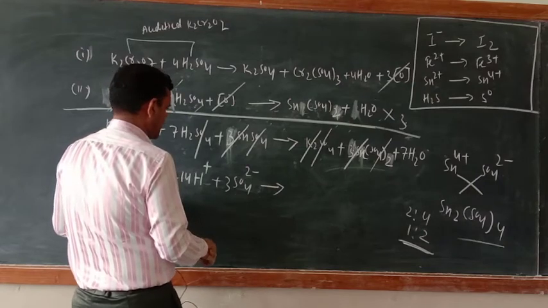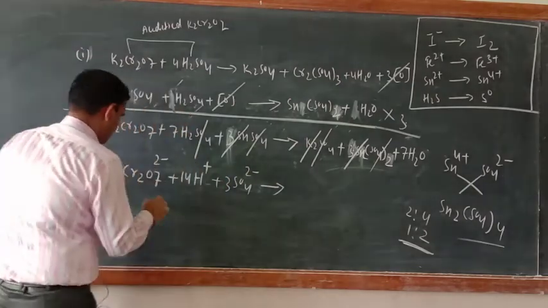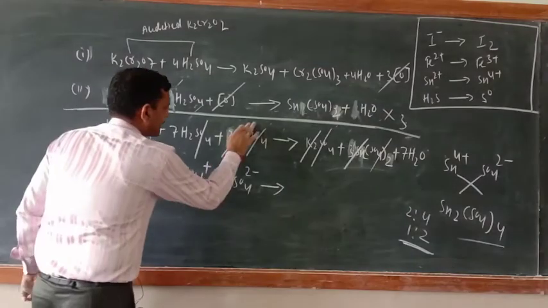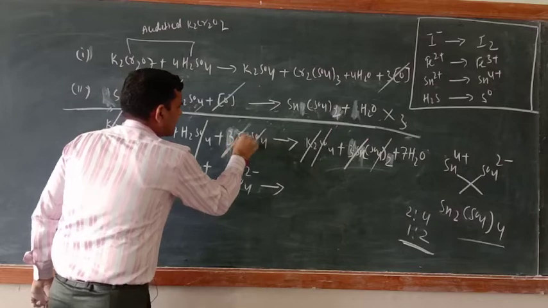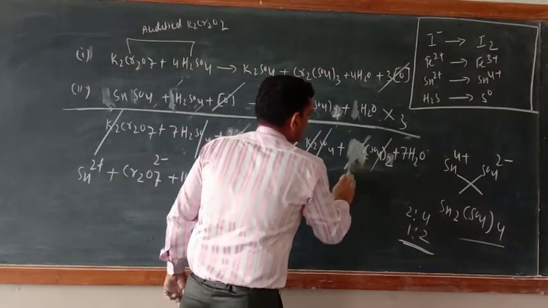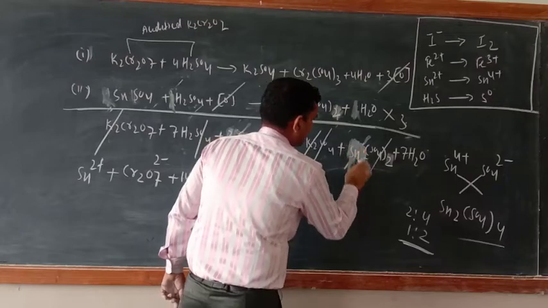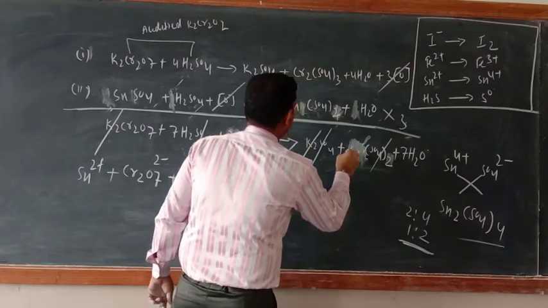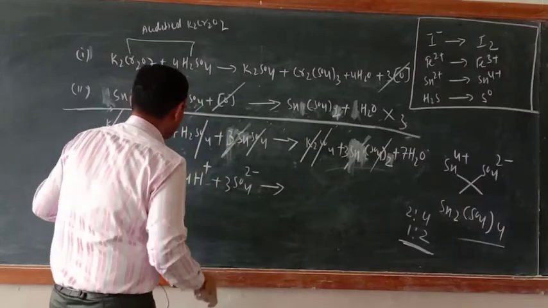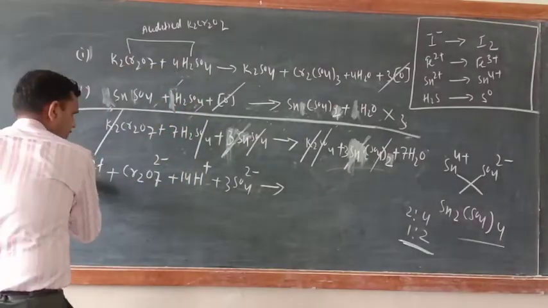will not cancel. Here you have to write Sn2 positive. This one Sn2 positive. This side also only sulfate. Here you write Sn only. Now how many Sn? 3 Sn. So now Sn2 positive, that is 3 only.